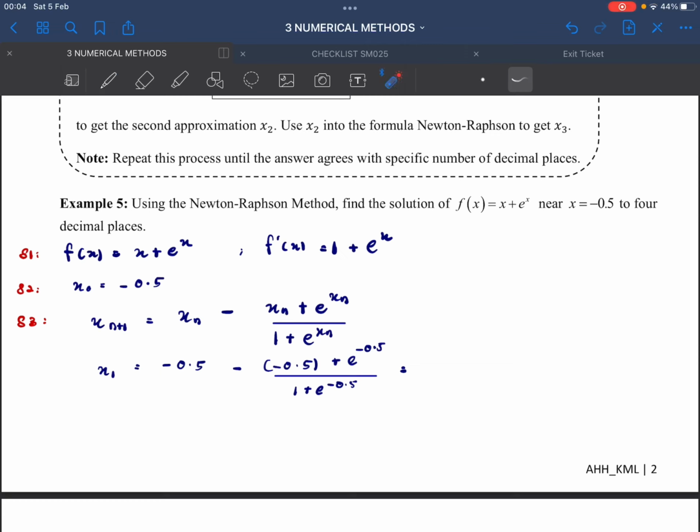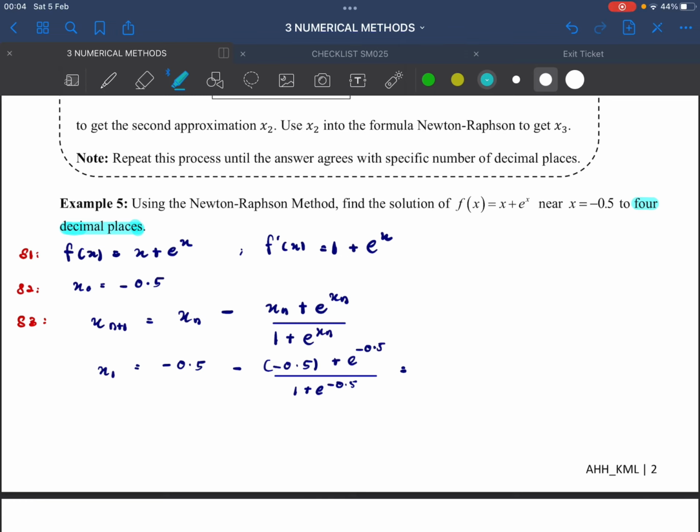Here the question said, and this is a very important thing to take note of, 4 decimal places. Your final answer has to be in 4 decimal places, but remember, for every chapter, in your working solution you have to put 1 extra decimal place.